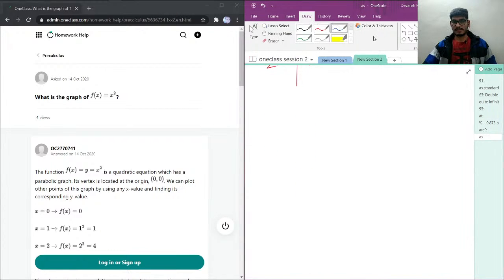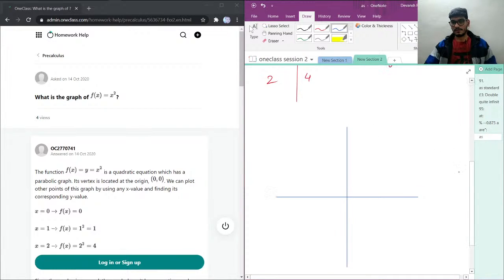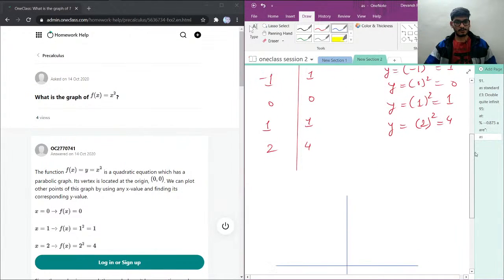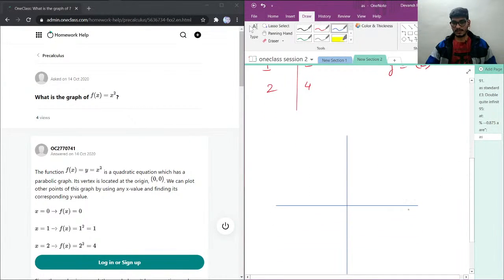I'm going to create this axis with blue color, and this is like this. Okay, now for x we had -2 to +2. So this is the x-axis, this is the y-axis.